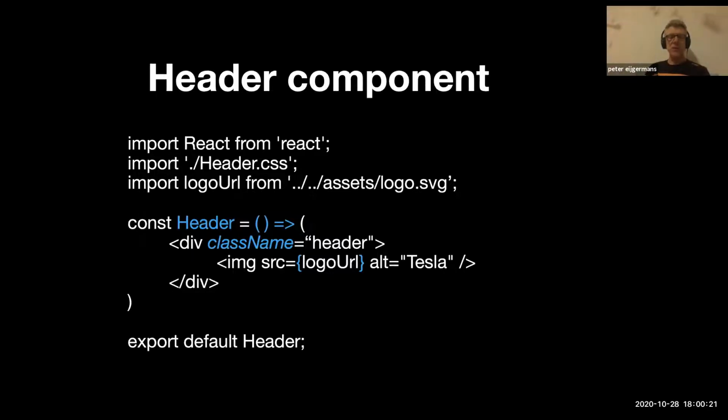It's a functional component because we use a function to define our component. We use functional components mainly when our component is stateless. In the Header component, we render our logo, of course, and downstairs we export our Header component so we can use it in other components.